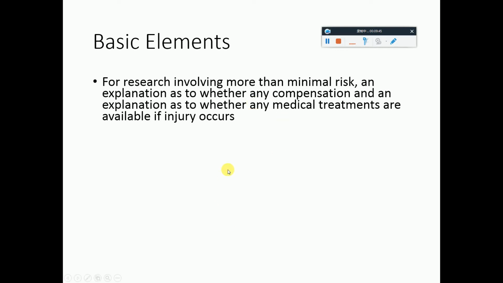So this also is most likely relevant to medical research. Some social scientific research might have the possibility of incurring some physical risks. If that's the case, then you must tell participants whether or not they should anticipate any risks of being physically injured, and if they do, what kind of treatments will be provided.